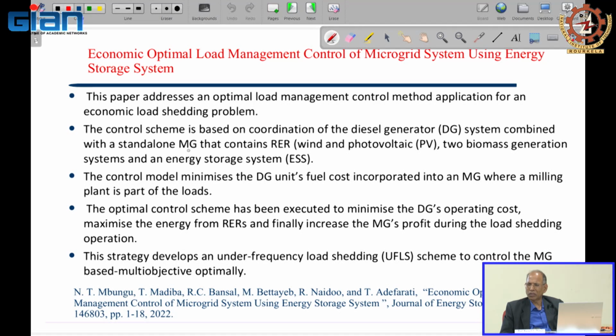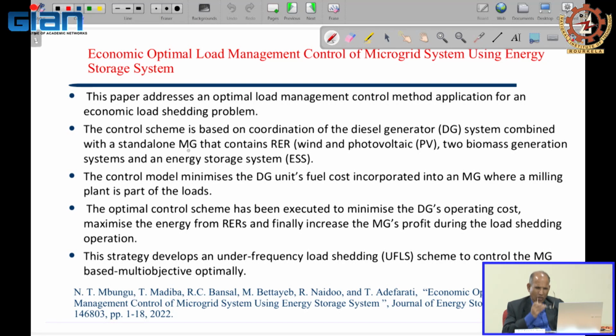The waste coming from the sugar, the biomass, can be used for electricity generation. So there could be any existing system, or you can design any system, for the requirement that you want to manage the energy.